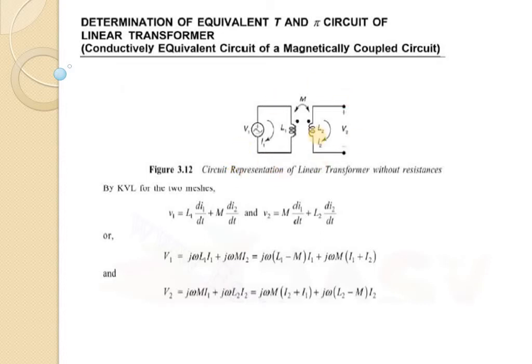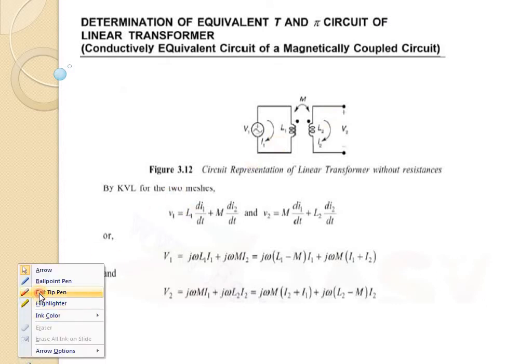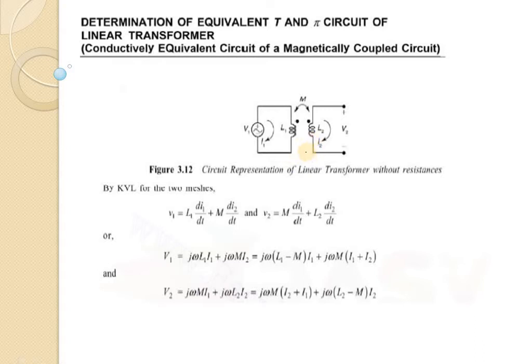Here we will make it equivalent to the T and pi circuit. This is the circuit of a linear transformer structure. Here the mutual induction is happening in between, and the dots are present in the same position. That means the mutually induced EMF will be on the positive side.